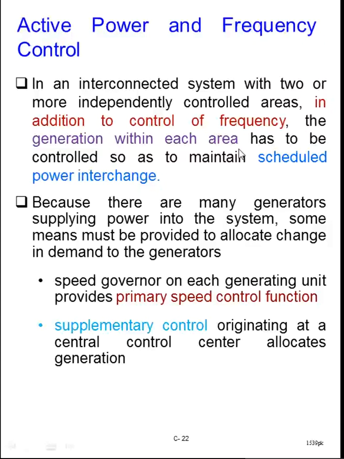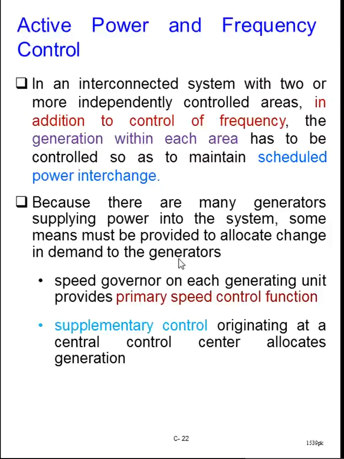Now, since you have several generators which will supply power to the system, some of the generators can be provided to allocate the change in the demand. Remember one thing, let's say you have 50 or hundreds of generators.